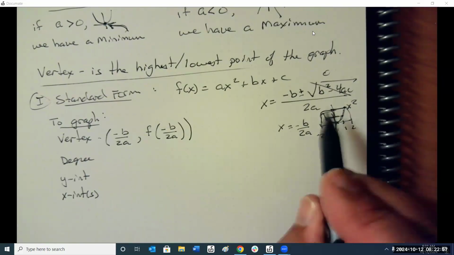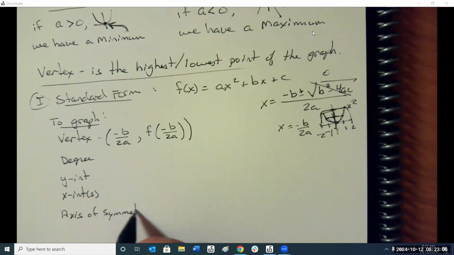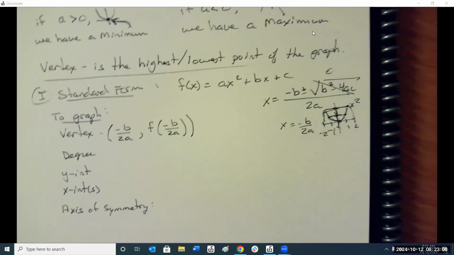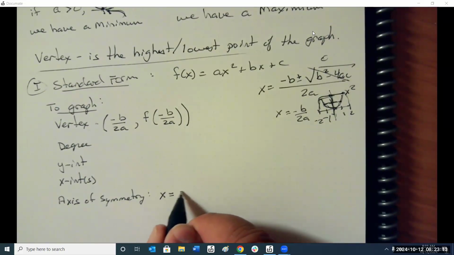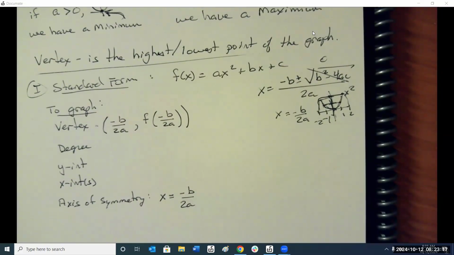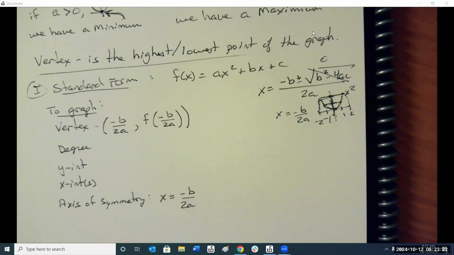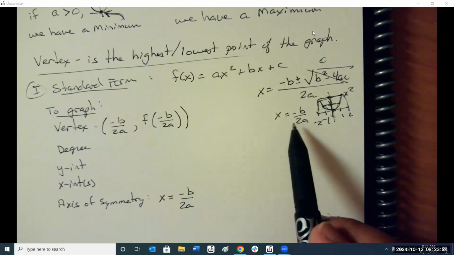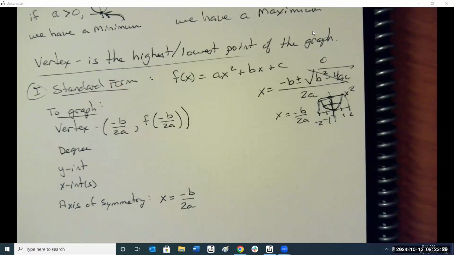So it's a mirrored image on both sides. We call that the axis of symmetry. The axis of symmetry is simply the x value of the vertex. Because think about it, for the vertex, go horizontally for the x value, go vertically for the y value.